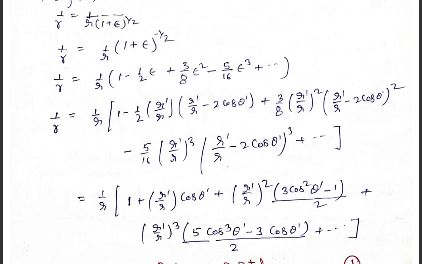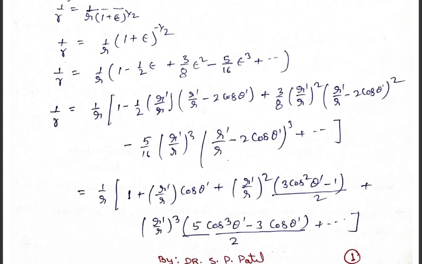Now if we separate this r prime upon r, if you multiply these two quantities, r prime upon r here and r prime upon r here, this will give (r prime upon r) square, and this r prime upon r, if you multiply here, minus 2 will be considered, this minus plus, and this r prime upon r cos theta prime.